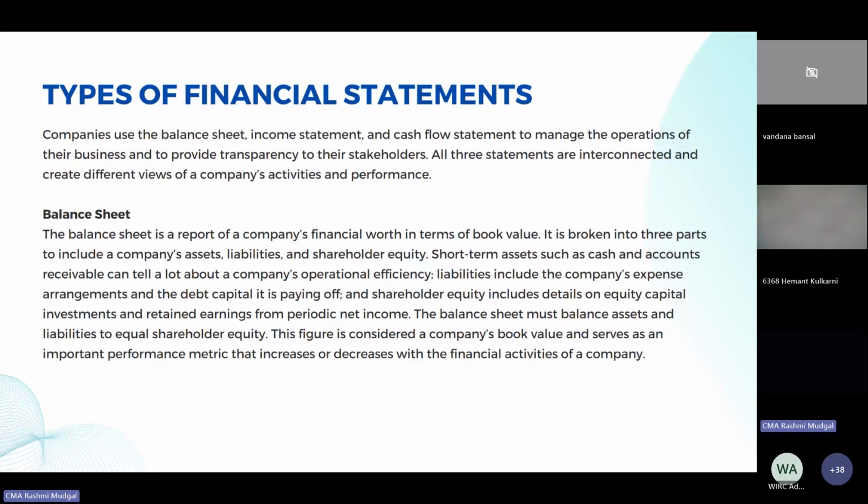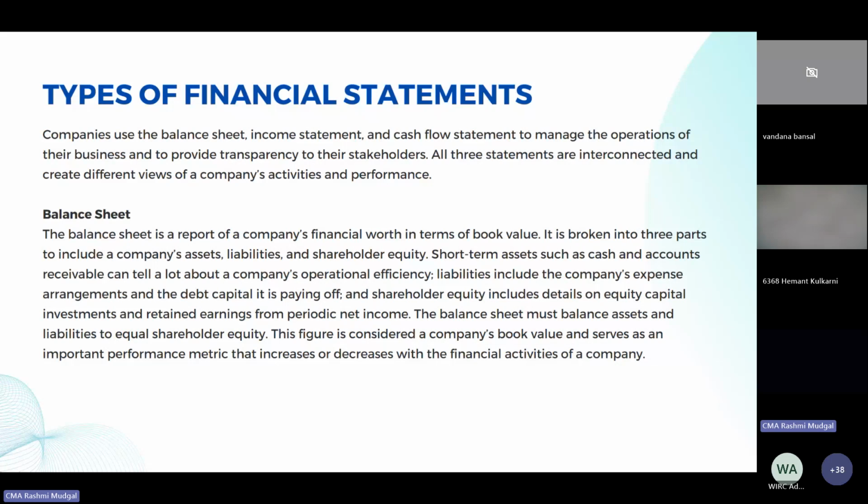Okay, the balance sheet is a report of a company's financial worth. So we are actually looking at what my company's worth is. It is broken into three parts: the company's assets, liabilities, and shareholders' equity.